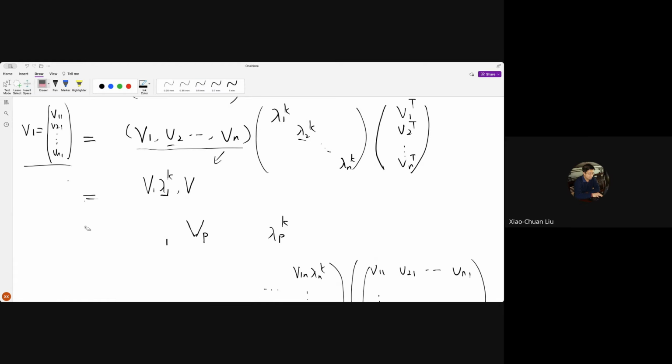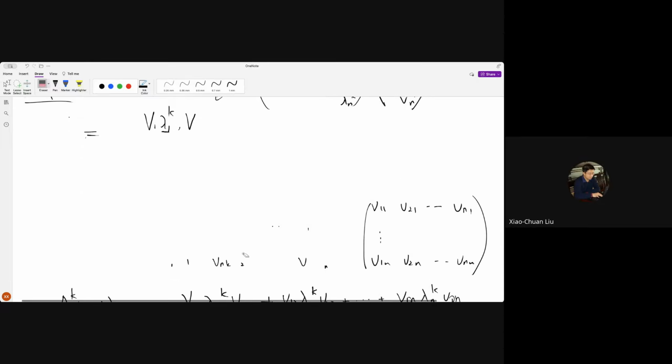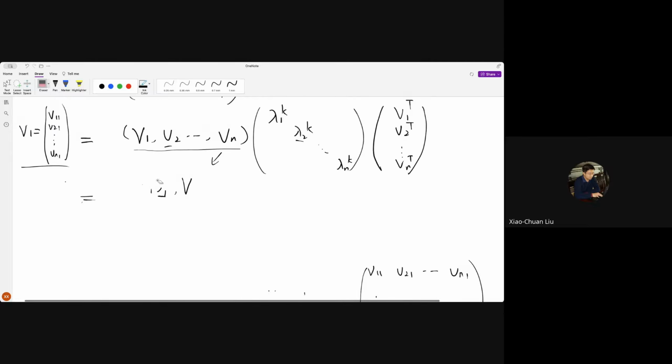It's completely wrong. So let me see, this is a 1 by n matrix. Sort of. This is an n by n matrix.